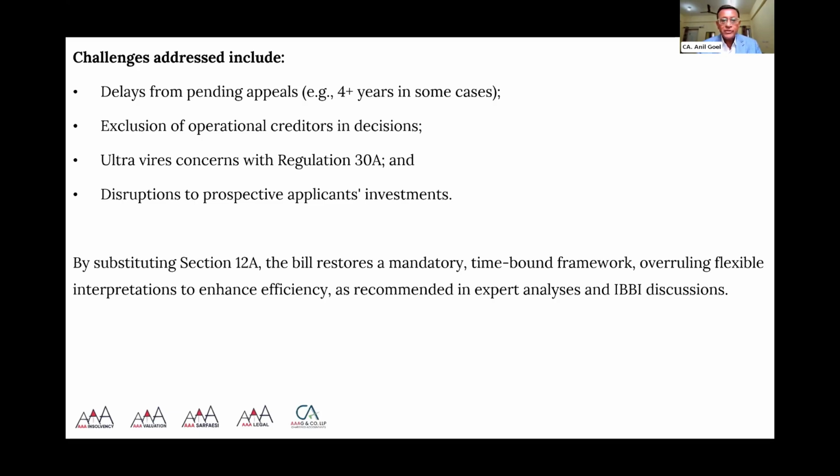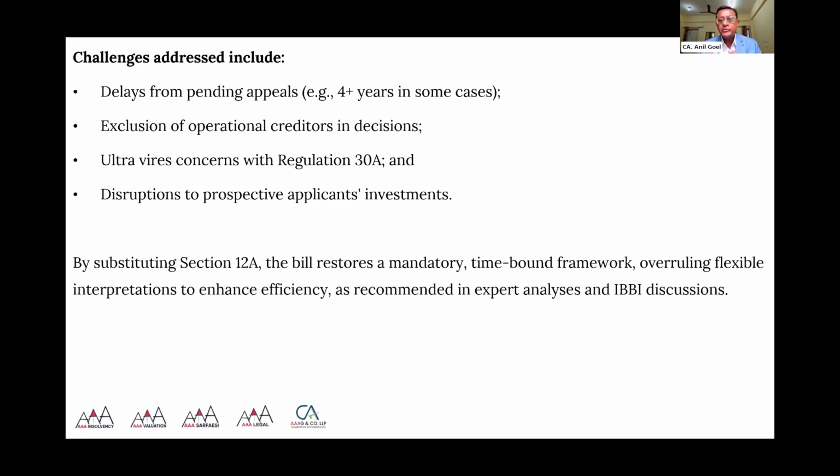Also, whether Section 30, Regulation 30A is ultra vires or not, and the disruption to prospective applicants' investment. Because once the applicant comes, submits their earnest money deposit and also the resolution plan related investment, and then a 12A application comes, all the prospective applicants just waste their time.